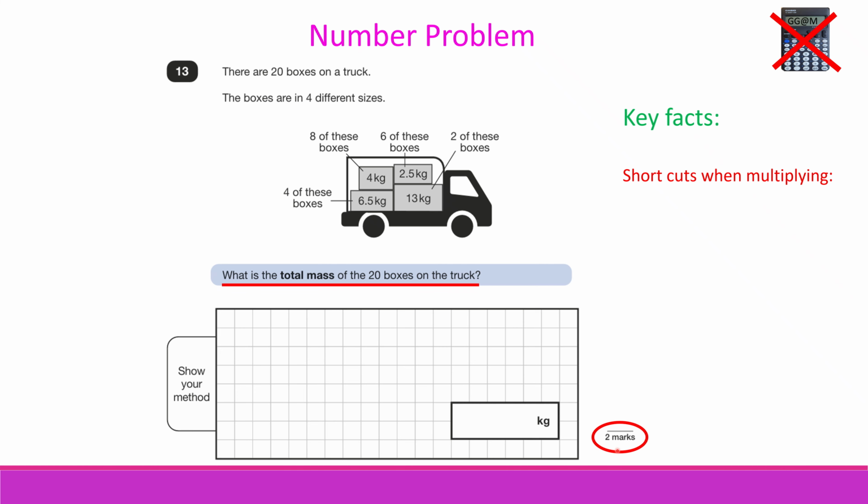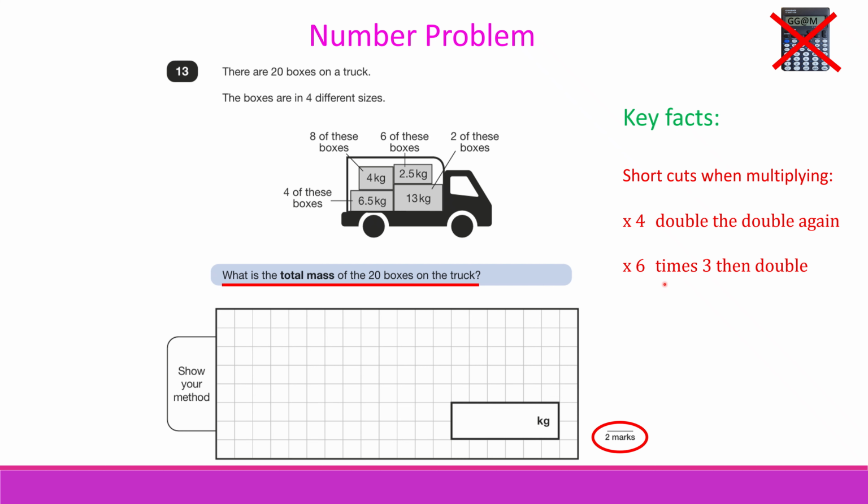Your key facts. You need to know how to multiply and shortcuts to multiply and to be able to do it in your head quickly and easily. So for example, when you're multiplying by 4, you can double the digits and then double again. So that is a quick way to multiply by 4 if you're unsure of what the multiplication is. The next one is multiplying by 6.